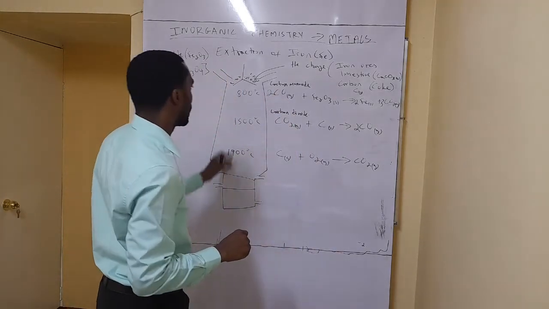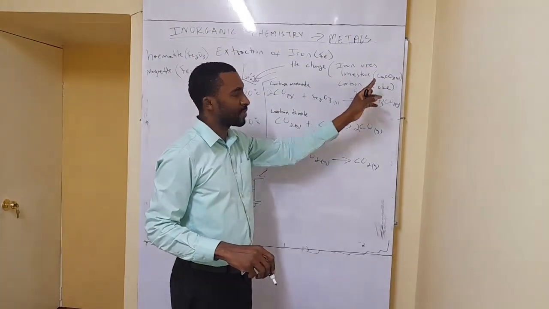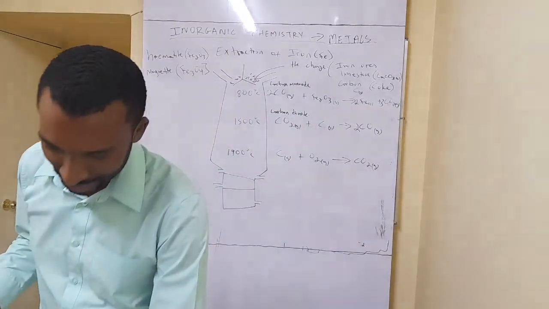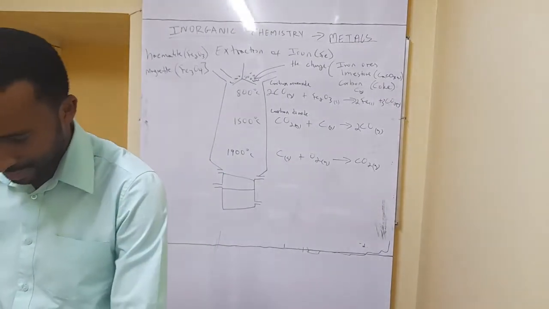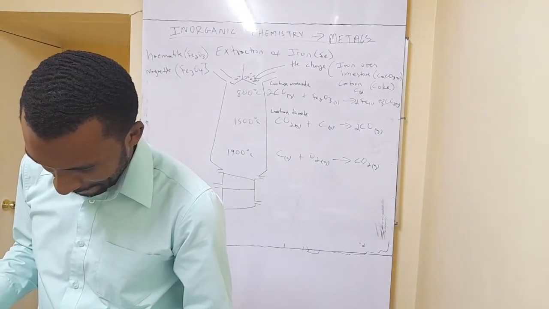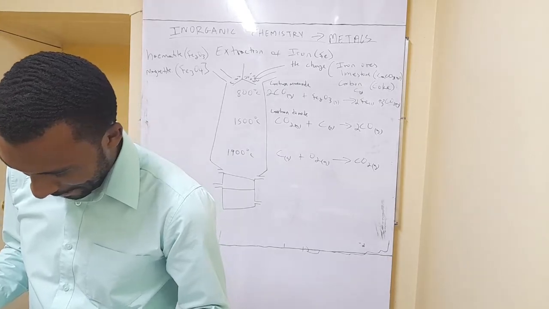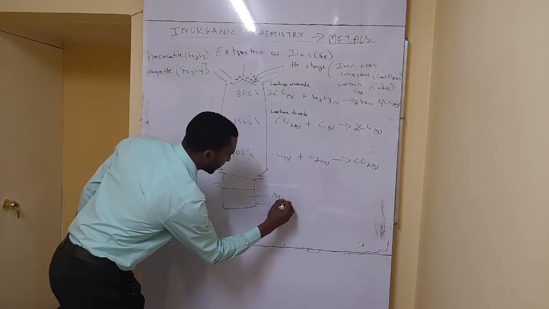Alright? Now, why do we add limestone? That's a question that they will ask sometimes in the exam. Why do we add the limestone, which is the calcium carbonate? At the bottom here is molten iron.